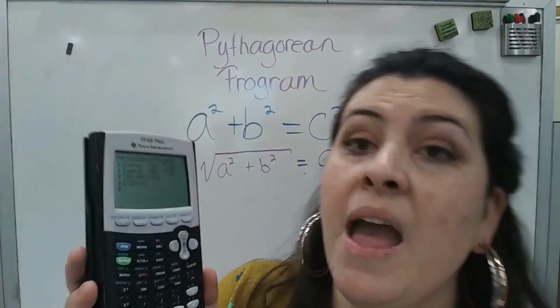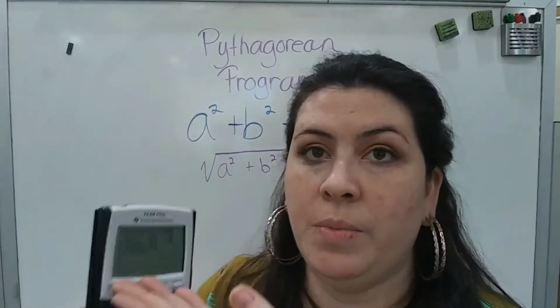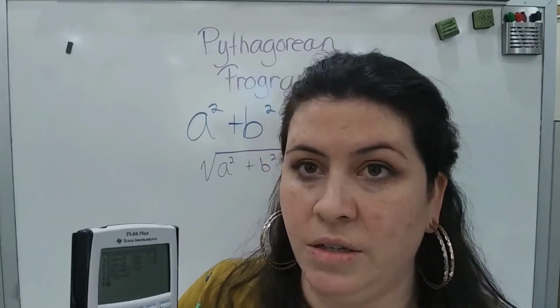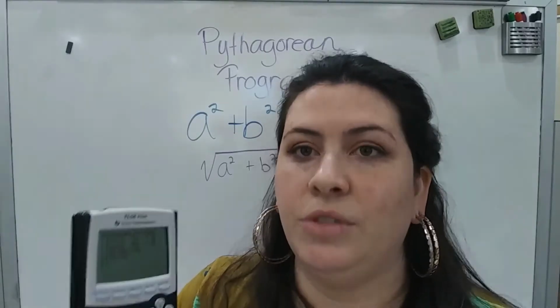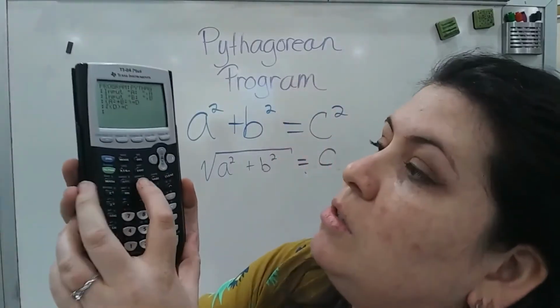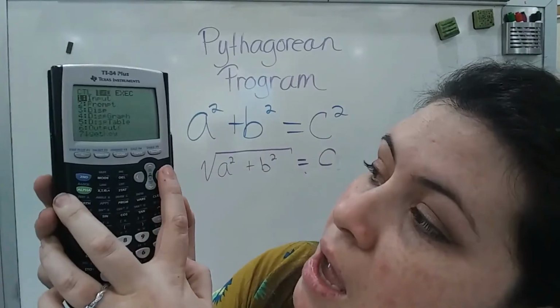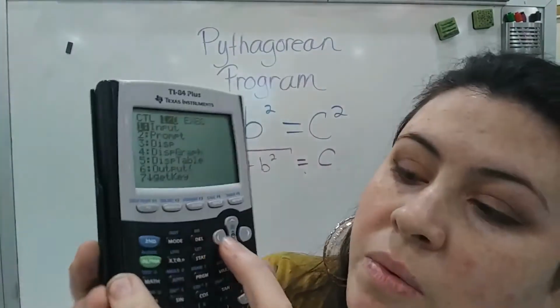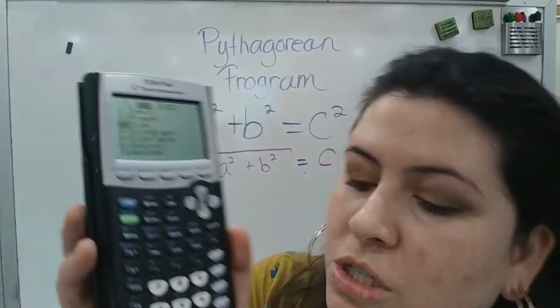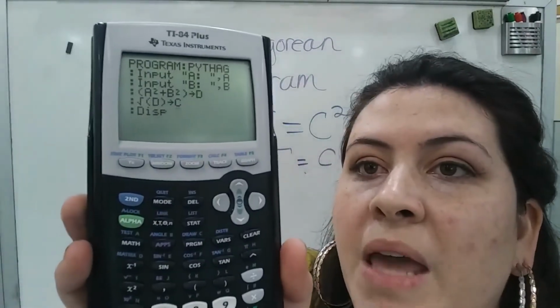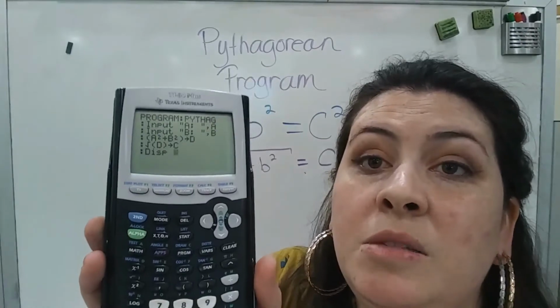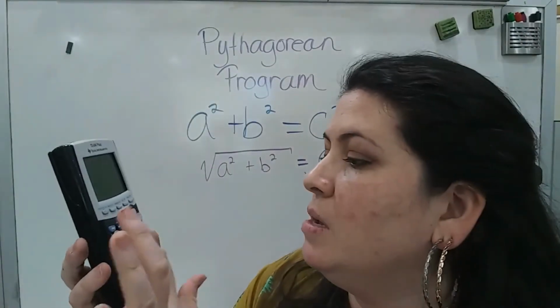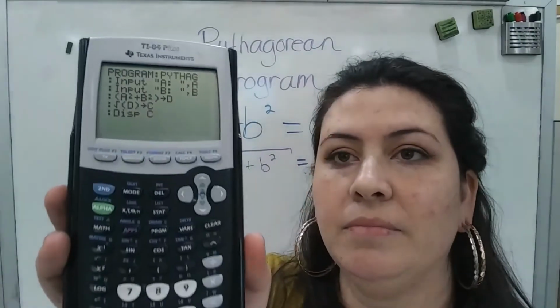Now we'll hit enter. Now the calculator at this point in the program has finished doing what we've asked it to do. Now we're going to tell it to show us the answer. So we'll hit program, IO, and the third option down is display. So we can either arrow down to it or push the number 3. Display, it'll pop up, and we want it to display C. Display C. Now we're done.